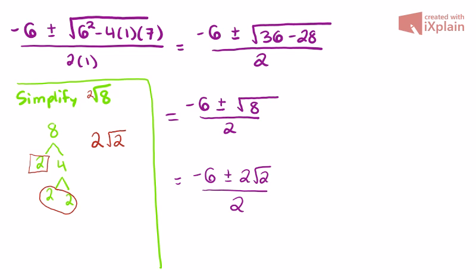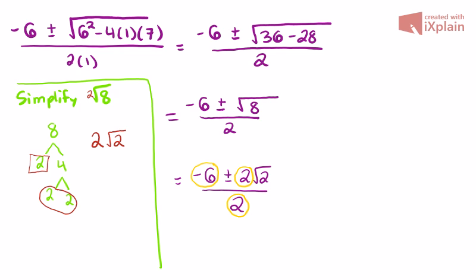And I have one more step in simplifying, and that is looking at these 3 numbers here, negative 6, the 2 outside of the root, and the 2 in the denominator. If all 3 of these numbers have something in common, we can divide them all by that number.